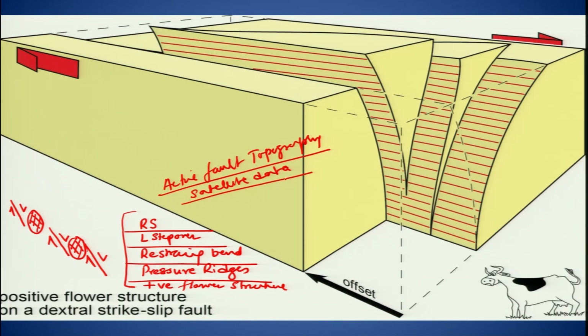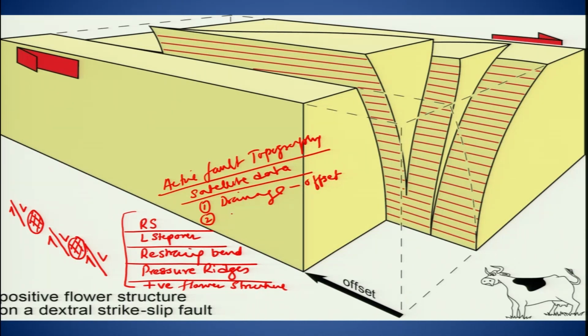So, main features, again I will just quickly go through what we have. One is your drainage offset, with respect to what type of movement you will come across.